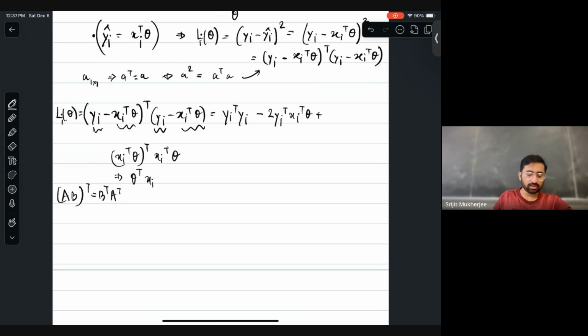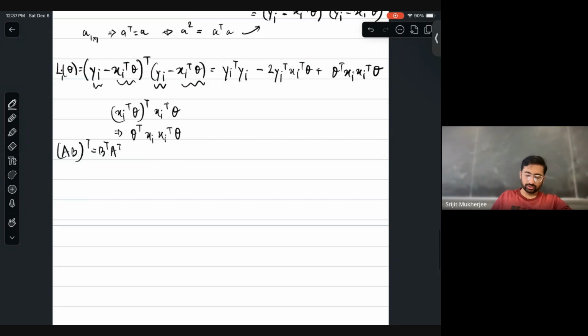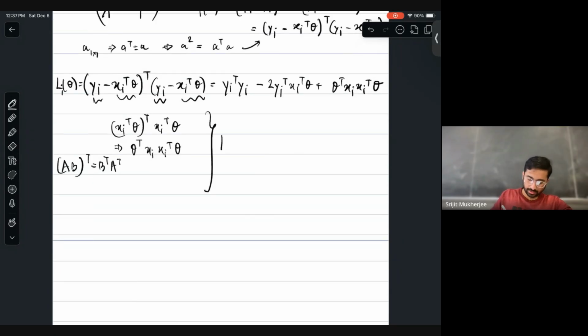These are rules you need to remember, or you can use the internet to check them. So the final loss function is Li theta equals yi transpose yi minus twice yi transpose xi transpose theta plus theta transpose xi transpose theta.